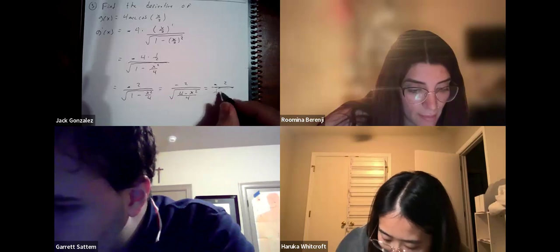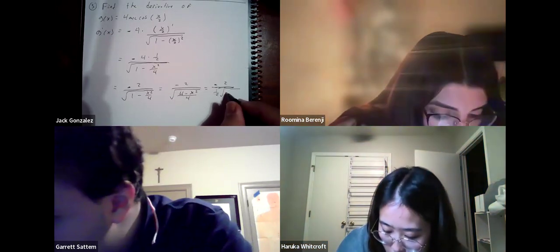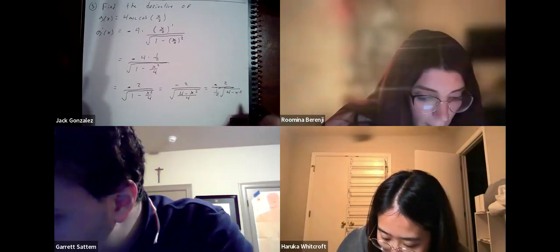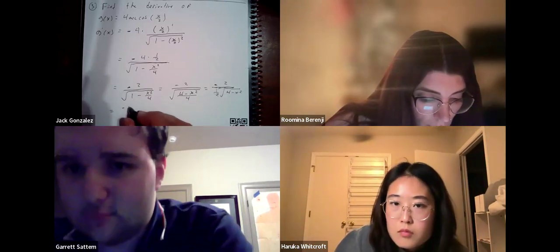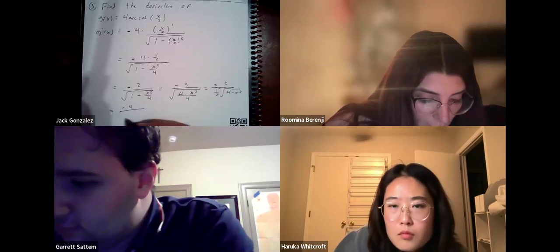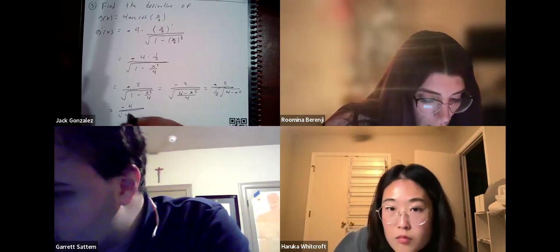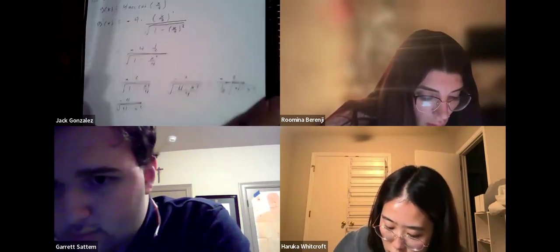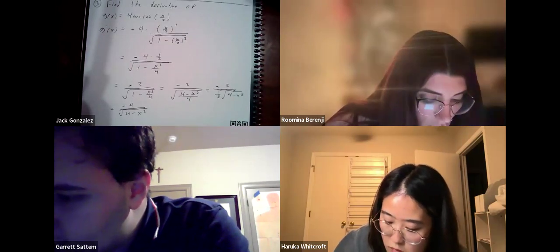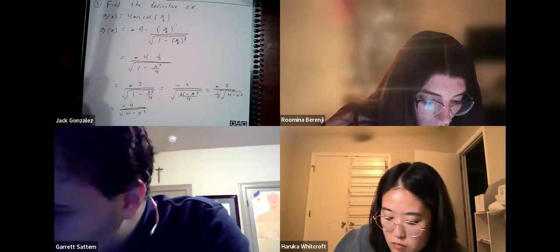So that's a fourth square root of 4 minus x squared. So that'll flip over and give us a negative 4 over. So this is the pretty version. Anyway.